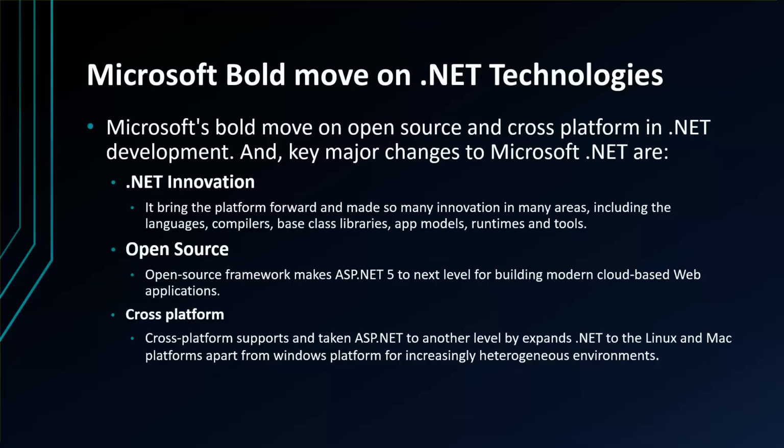Cross-platform support takes ASP.NET to another level by expanding .NET support to Linux and Mac OS apart from our regular Windows platform. This gives so much flexibility and the opportunity to work in different environments.